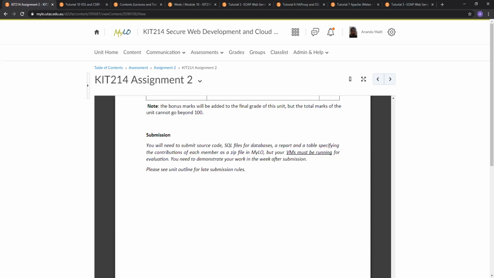So the PHP file for login and registration. No, registration should work because that shouldn't require any session. Yeah, it depends upon how you have set things up here.